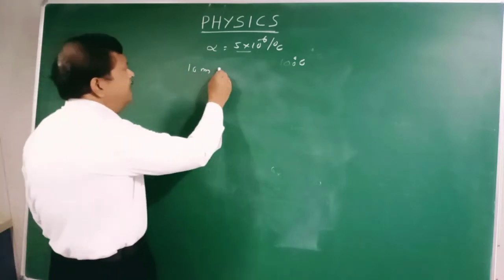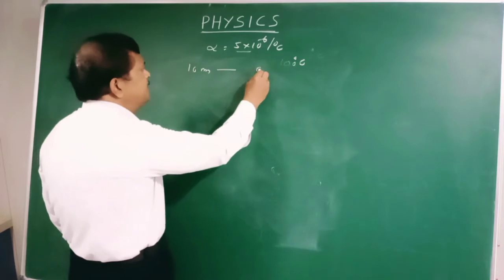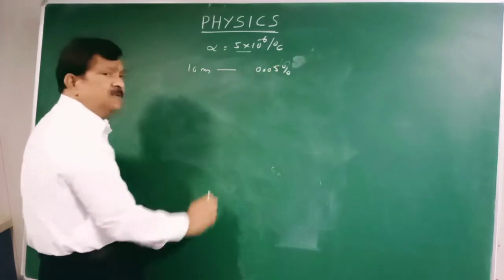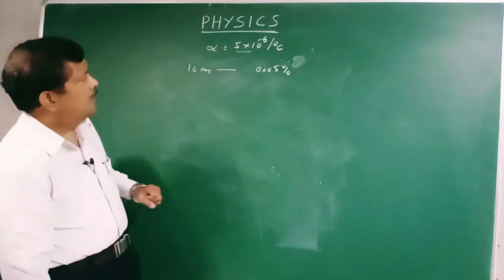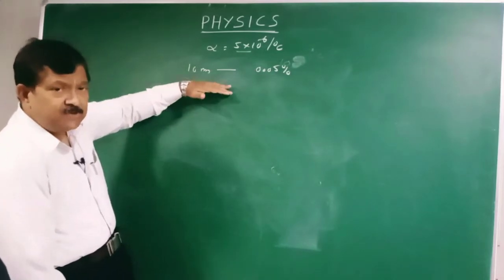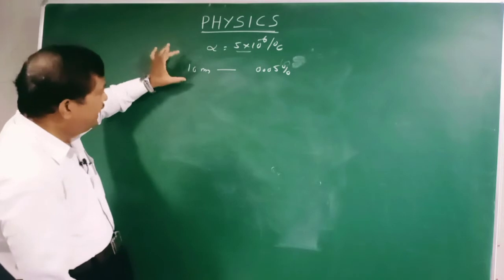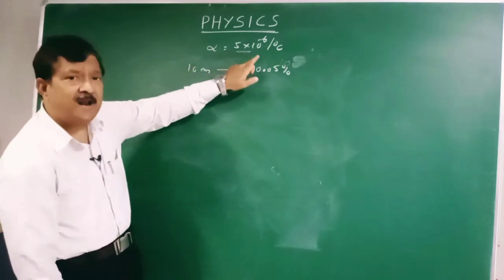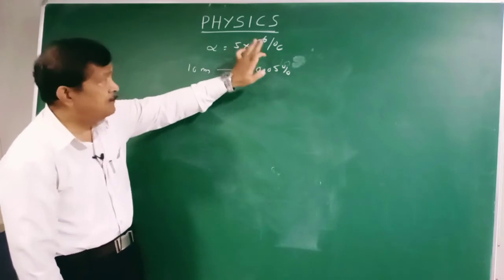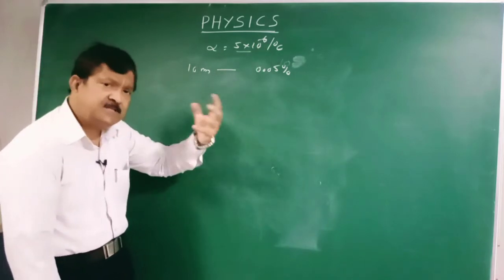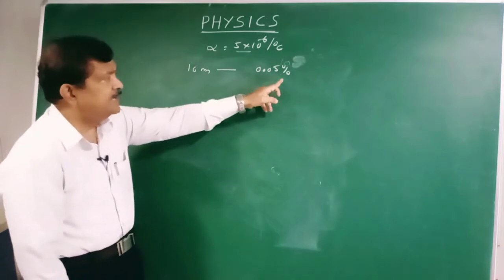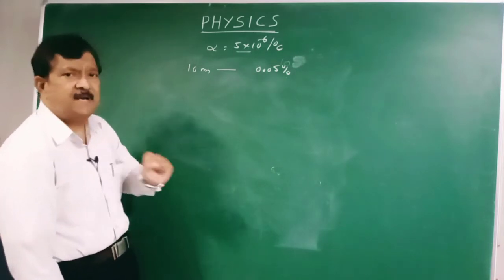Then I found that the length of the rod is increased by 0.05% in this problem that we have solved just now. Now I have given this data. I have taken a rod of length 10 meter whose value of alpha is 5 into 10 power minus 6 per degree centigrade. When the temperature is increased by 100 degrees centigrade, percentage change in the length is 0.05%.